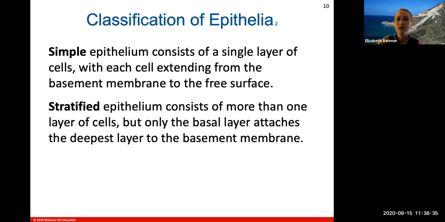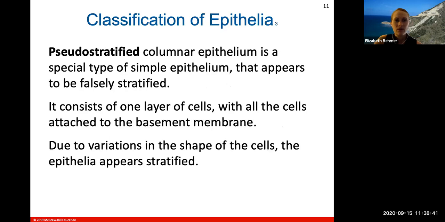So simple epithelium is 1 layer of cells. Stratified is more than 1 layer. Pseudostratified is a special type of simple epithelium that appears to be falsely stratified. That means there will be 1 layer of cells, but it looks like there are different layers due to the shape of the cells.